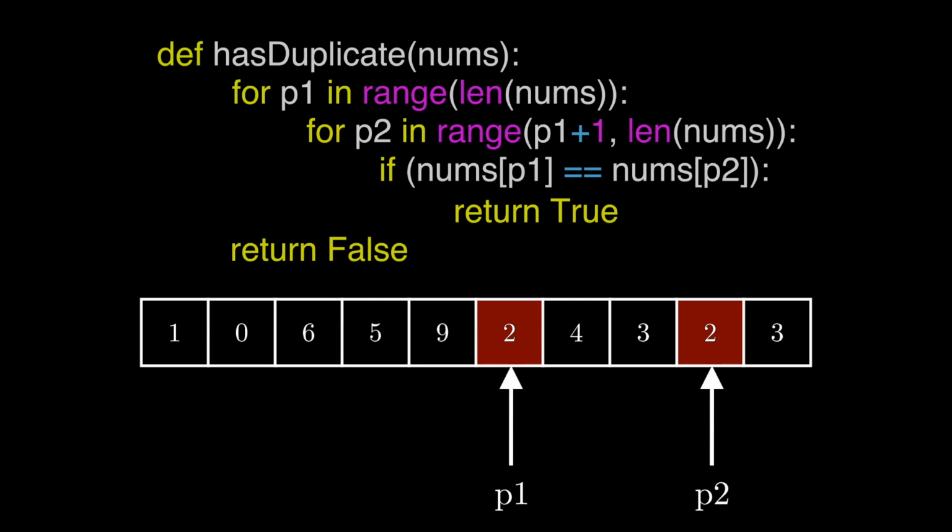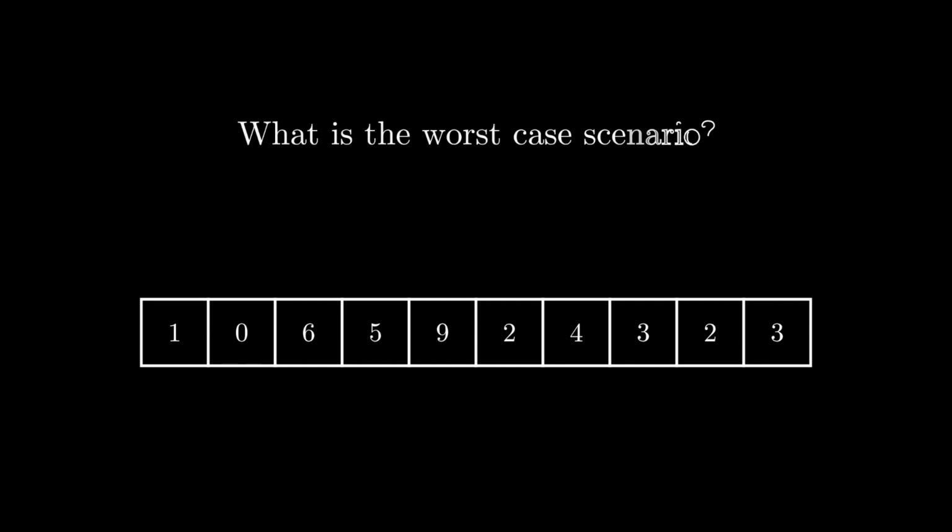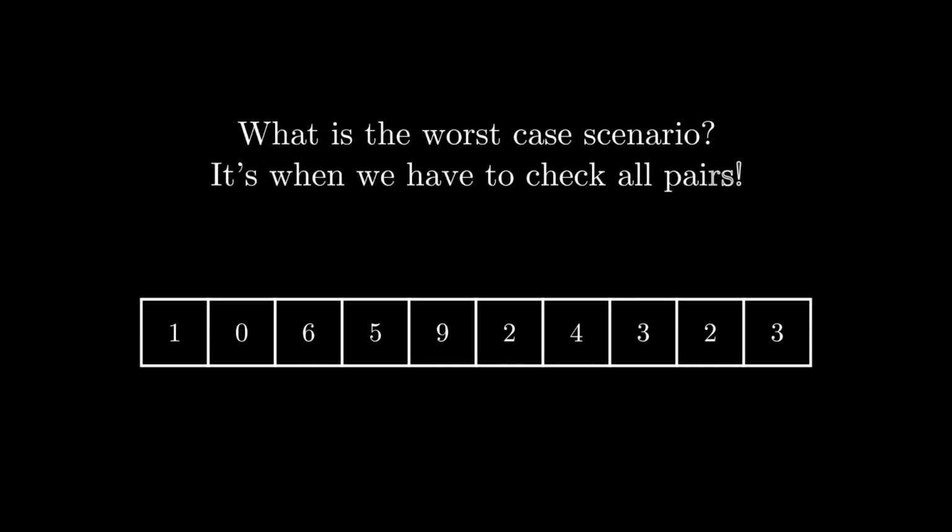Now that we know the code, let's look into the big O time and space complexity. Let's start by considering the worst case input array. The worst it gets is when we have to check every pair to determine whether or not there are duplicates. This happens when the duplicates are either at the very end or when there are no duplicates.